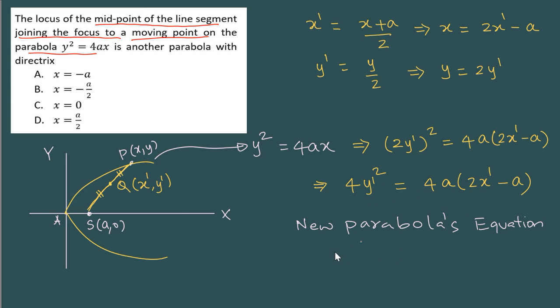So the 4 gets cancelled, and I have y square is a into 2x minus a. Again, if I write it a little differently, y minus 0 whole square, and this 2 I can bring out, so I have 2a into x minus a by 2.